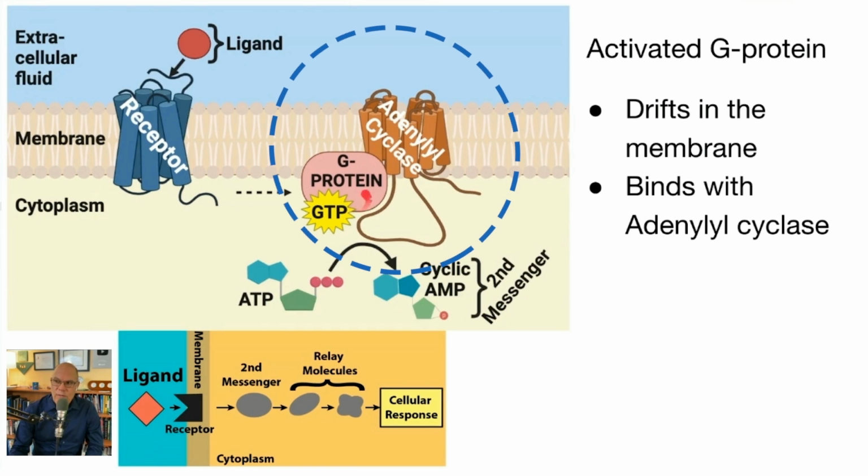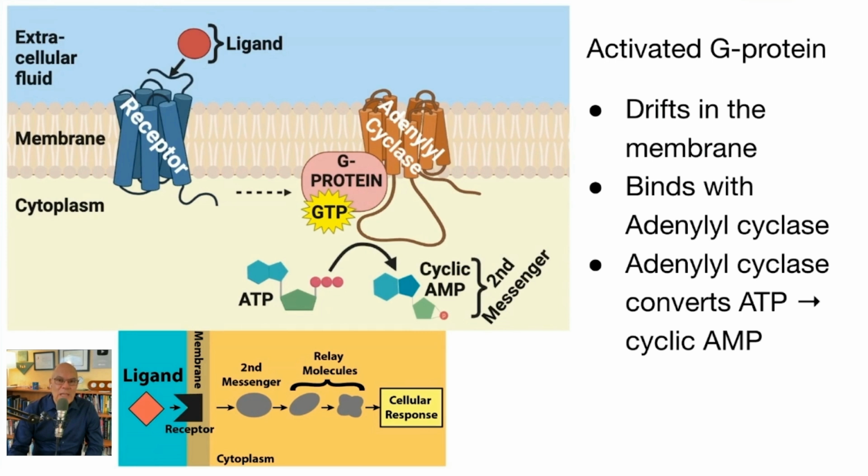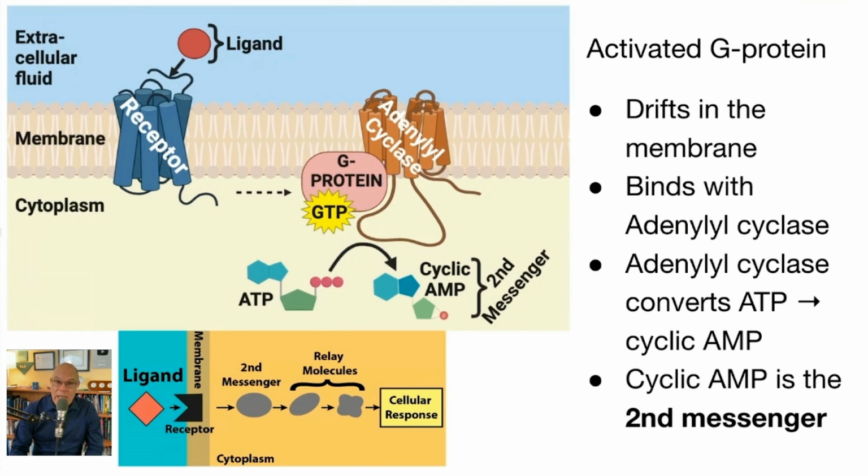There's a complementary fit between the G protein and adenylyl cyclase, and when the two bind, adenylyl cyclase, which was an inactive enzyme, becomes an active enzyme, and it will grab an ATP in the cytoplasm and convert it into cyclic AMP.